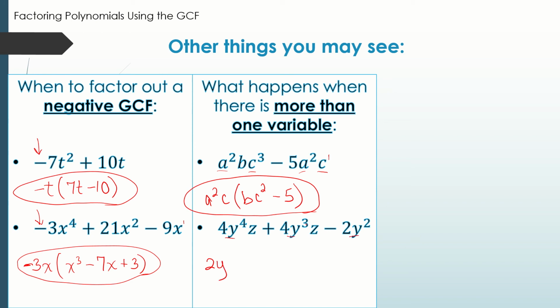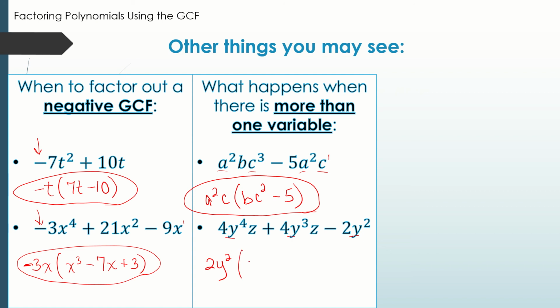This had exponents of 4, 3, and 2, so 2 is the smallest exponent, so y squared I can take out. This has a z, this has a z, but look back here, our third term does not have a z. So even though the first two have the z, all the terms have to have it for it to be in common, or I can't take it out. So the only thing I can take out of this one is 2y squared.